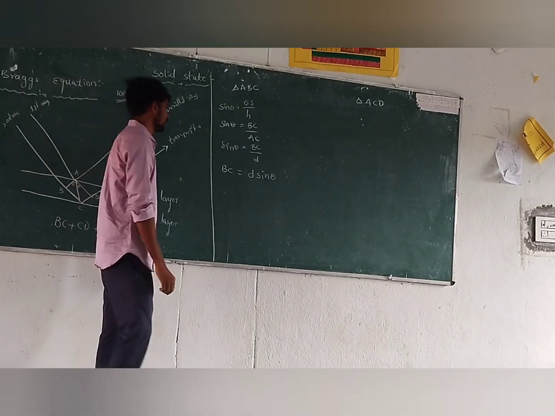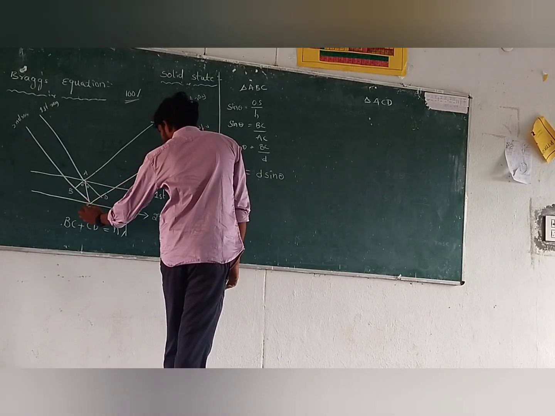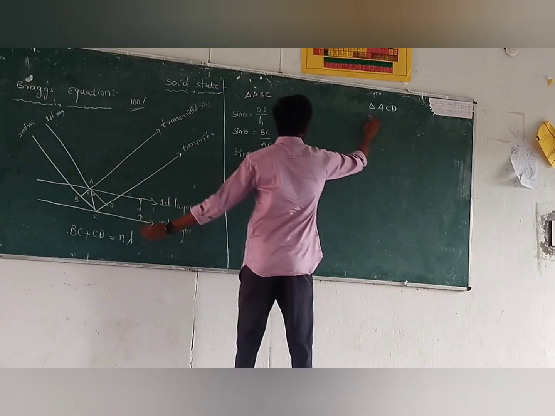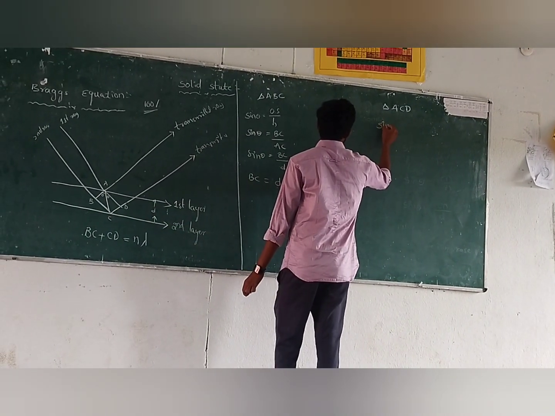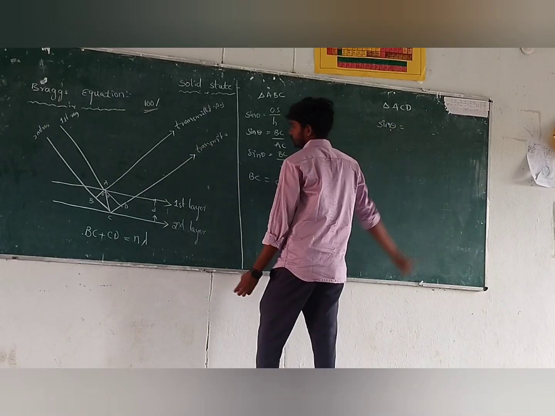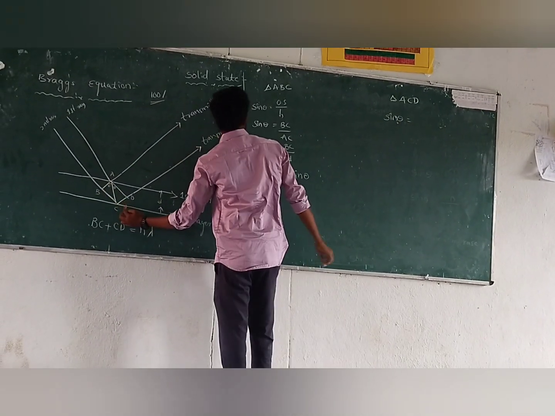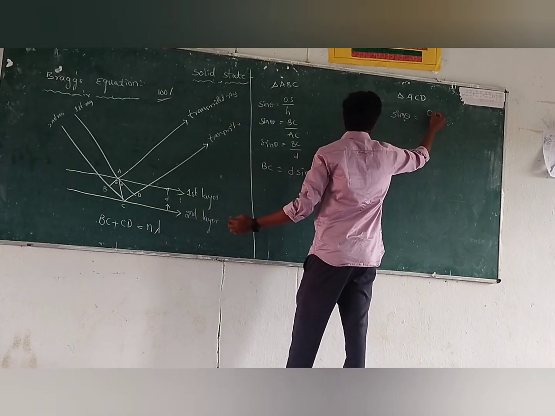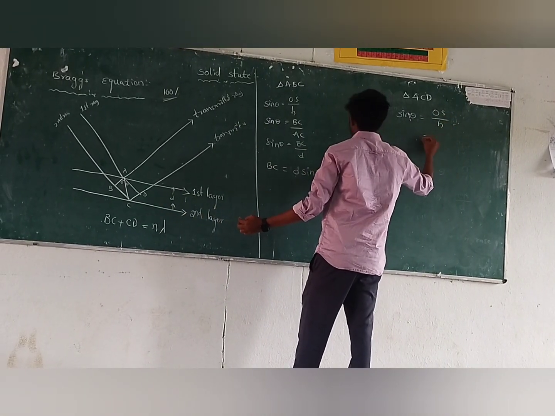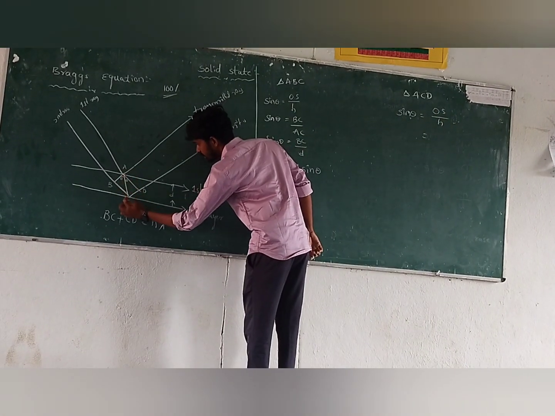Again, I take triangle ACD. In triangle ACD, I find sin theta. Sin theta means opposite side by hypotenuse. What is the opposite side in ACD?